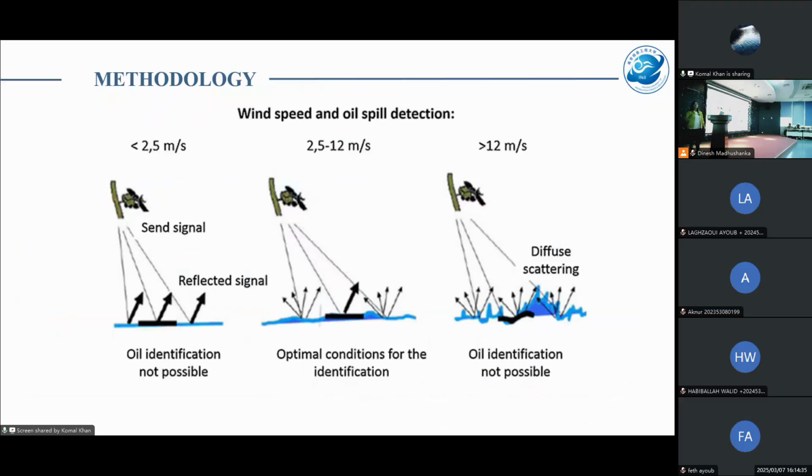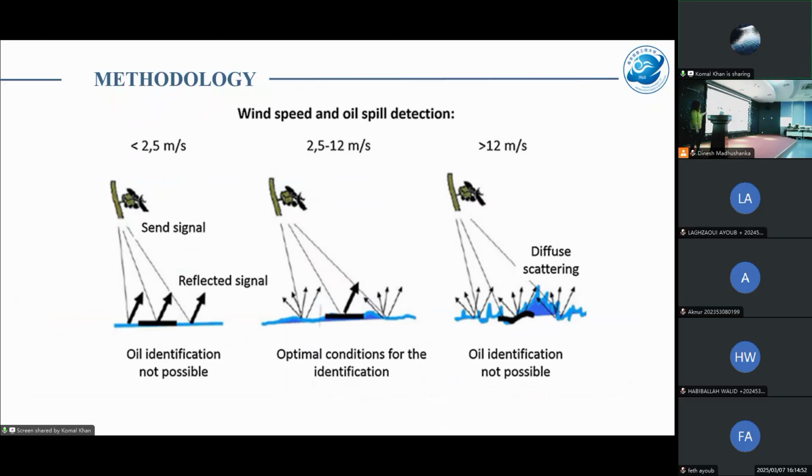Before moving to the core methodology that I have applied, I just want to explain how SAR works to detect the oil spill. Basically, oil, as I've mentioned earlier, makes a waxy coating or smooth surface over the ocean.